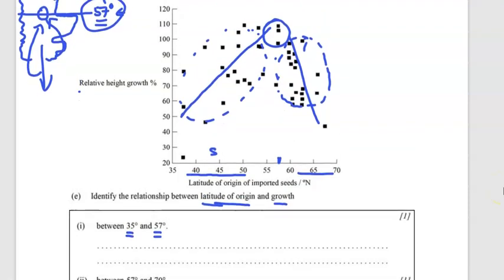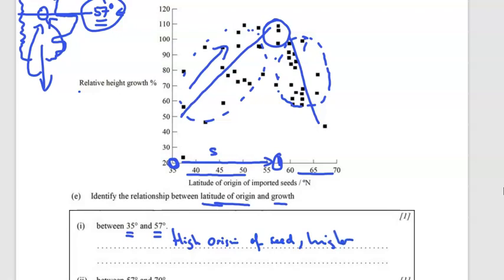So 35 degrees is here, 57 degrees is here, and so across this range, what happens as we go to higher latitudes, what happens to the tree growth, and you can see that it increases. So the higher the origin of the seed, the higher the growth.